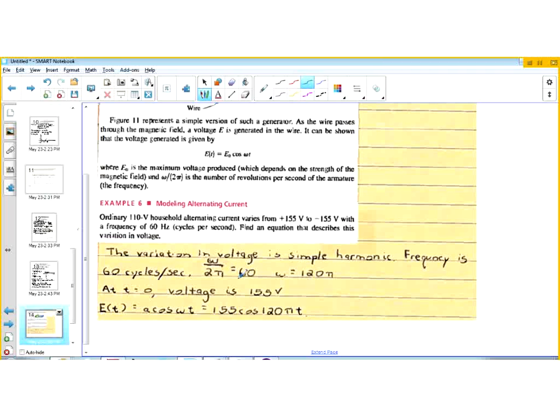So E of t is equal to A cosine omega t, which is equal to 155 cosine 120 pi t. So if you hooked up an oscilloscope to your socket in your house, which I would not recommend, you would see a graph of this function on an oscilloscope if you have proper electrical provisioning in your residence. All right, so that is chapter 2.